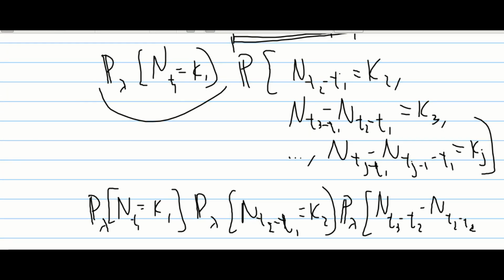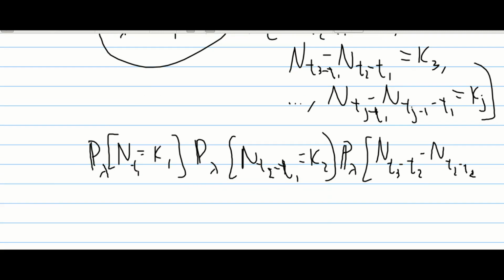So the first one is not a subtraction. You see, it's just one term. So this first term is going to be N(t3) minus N(t2) equals k3.